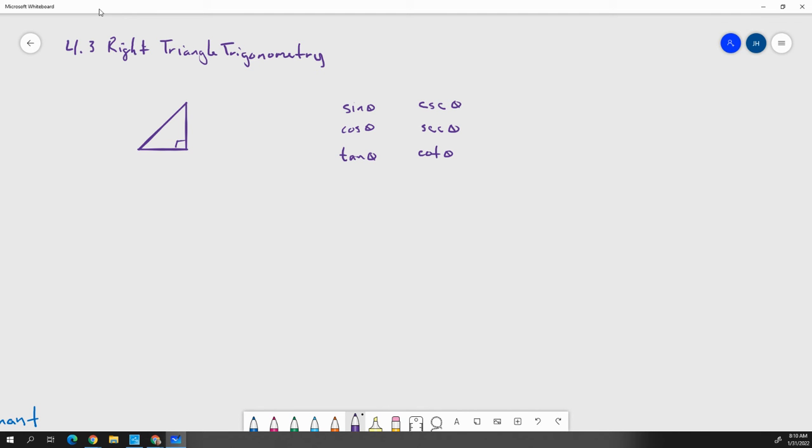They're really based on the right triangle, and the right triangle that we're dealing with is kind of laid out like this.